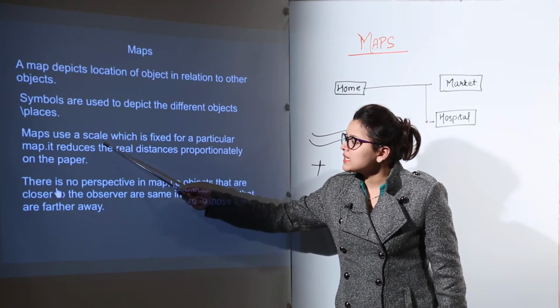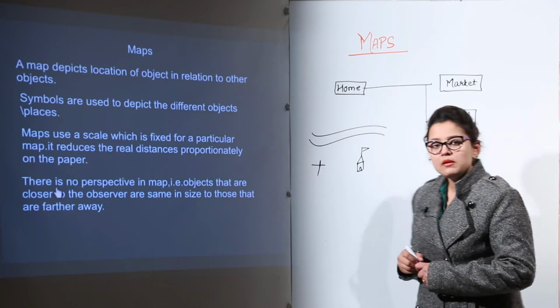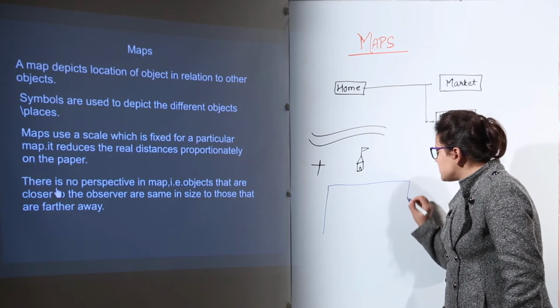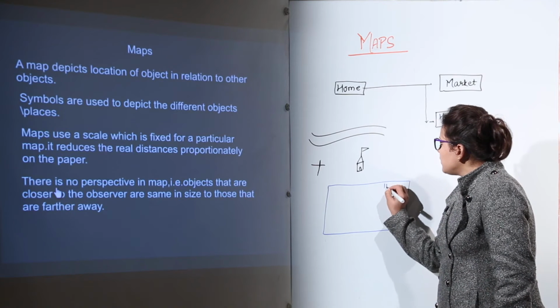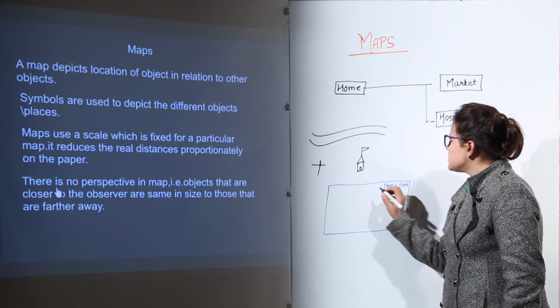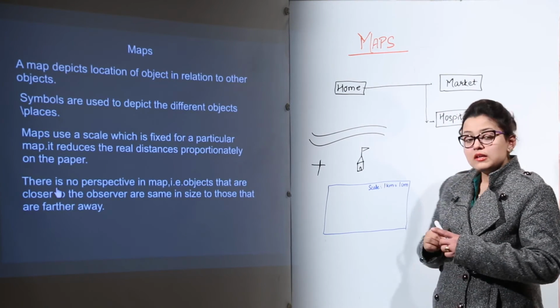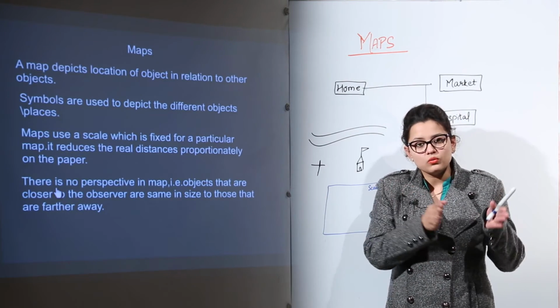Next is, as I discussed, a map uses a scale. Now what do you mean by a scale? You must have seen maps on which it is written at some corner that 1 kilometer is equal to 1 centimeter. So this is known as my scale. Why? Because you cannot literally represent 1 kilometer on 1 centimeter.